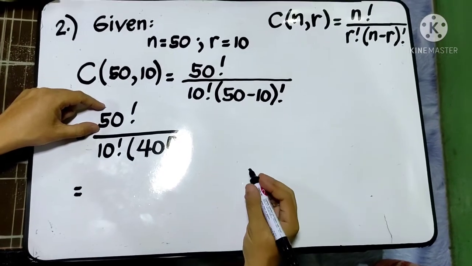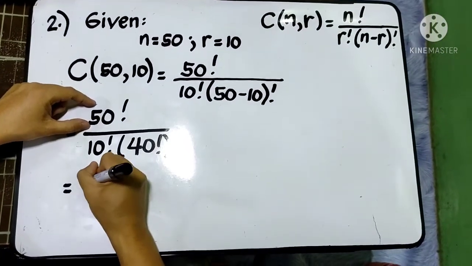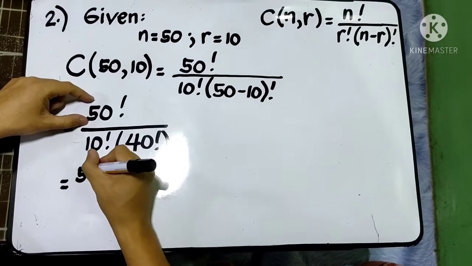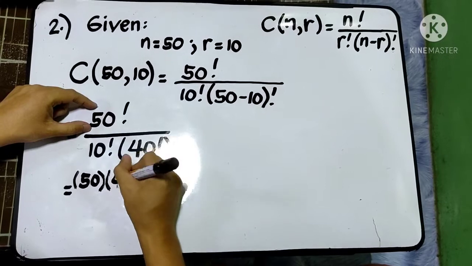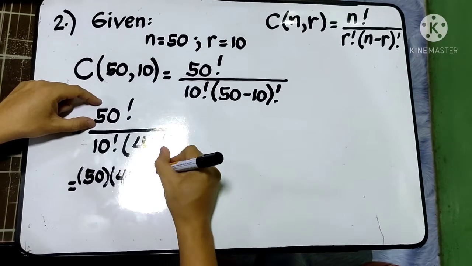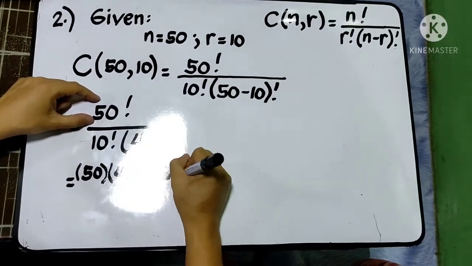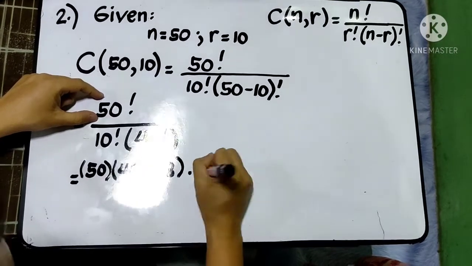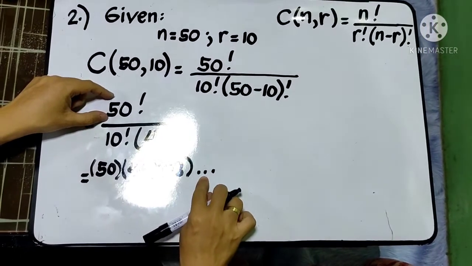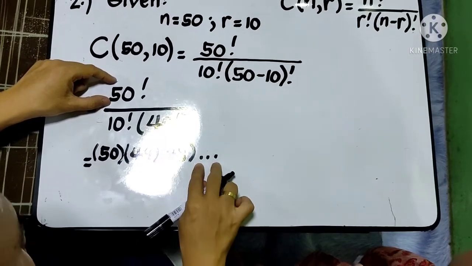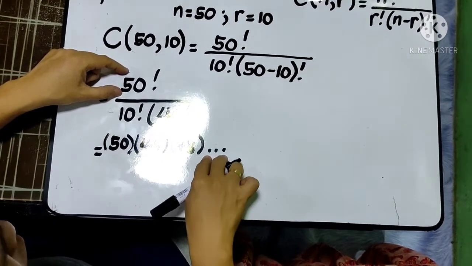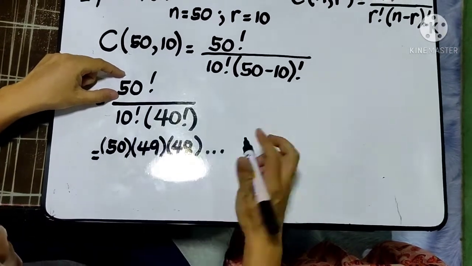Expand mo siya. Magiging 50 times 49 times 48. I have used ellipses para hindi ko na ilagay yung 47, 46, 45, 44, 43, 42, 41.